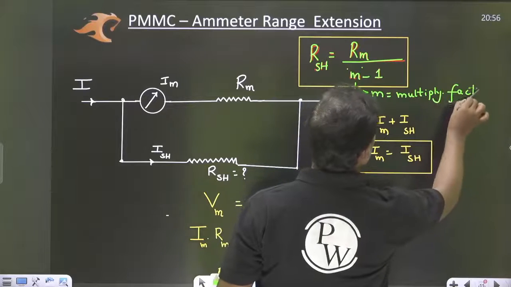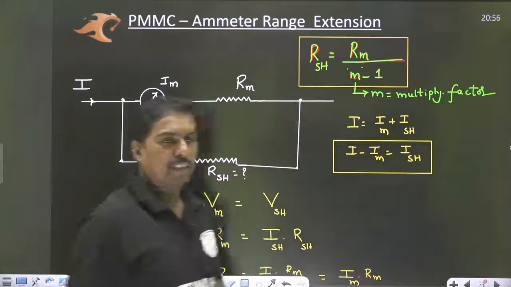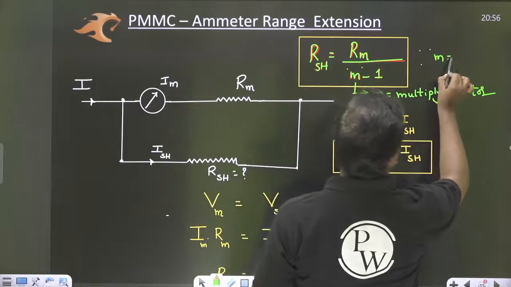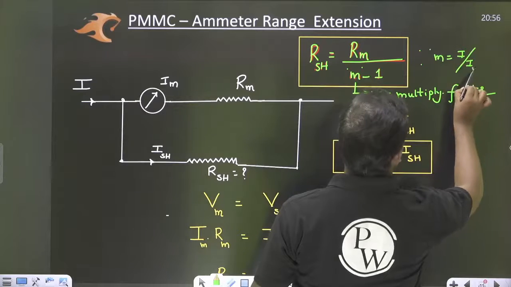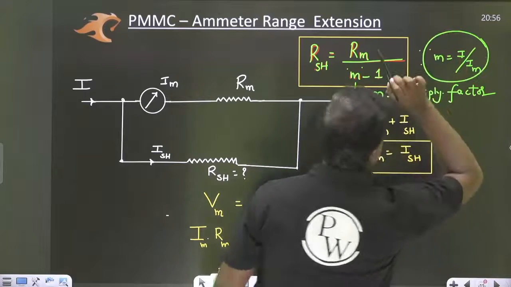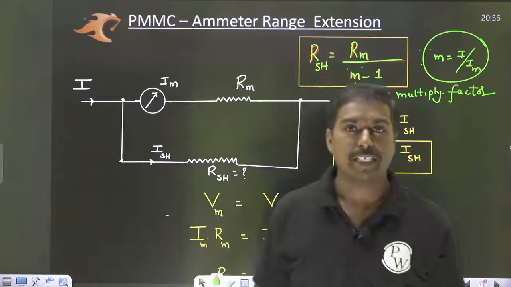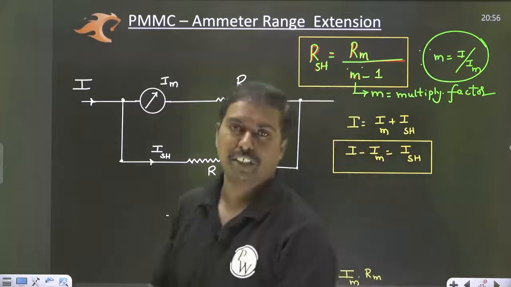What is M? M is the multiplying factor. So M can be taken as I by Im. I is the maximum current for which the range has to be extended. Im is the meter current. Okay.